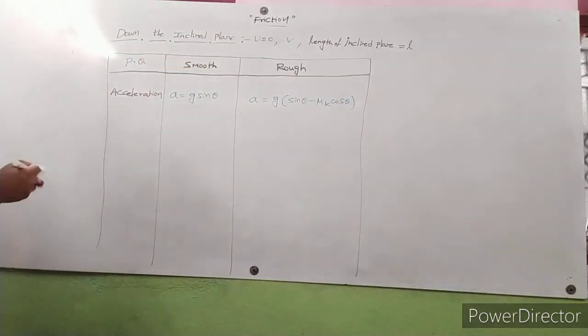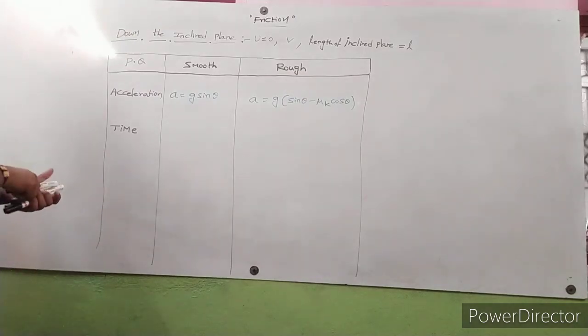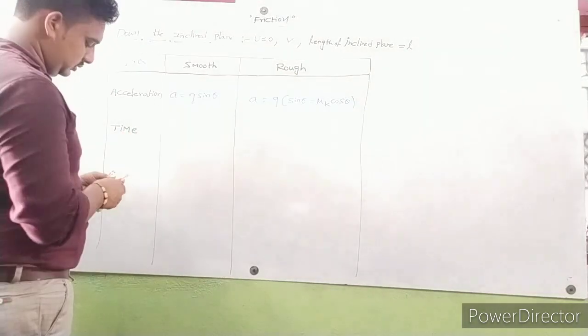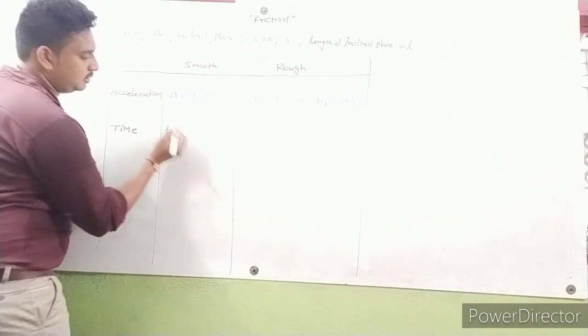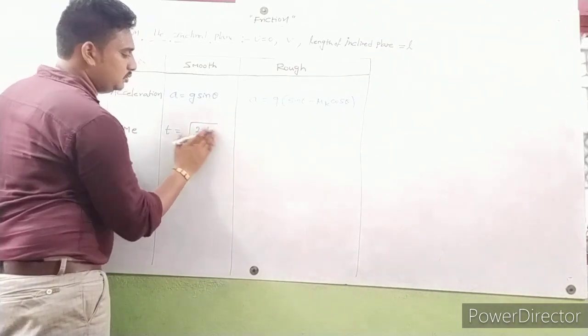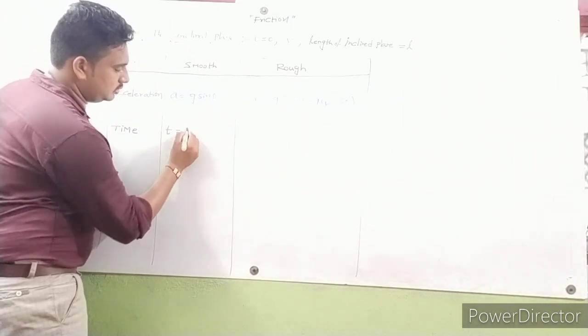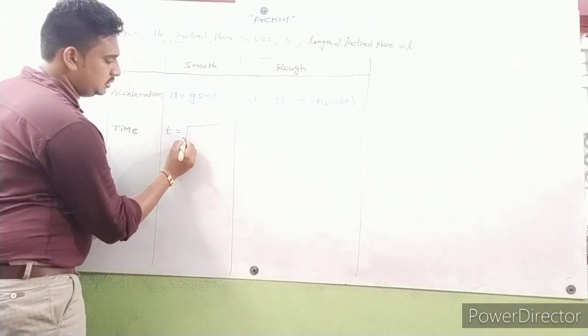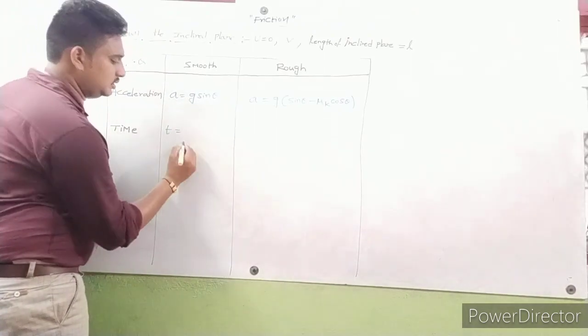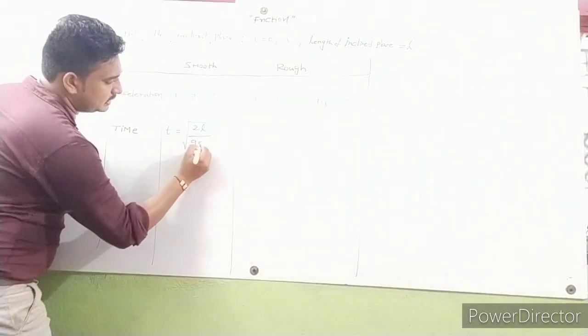Next, time. Time t is equal to square root of 2h by g, where h means L, so it becomes 2L by g sin theta.